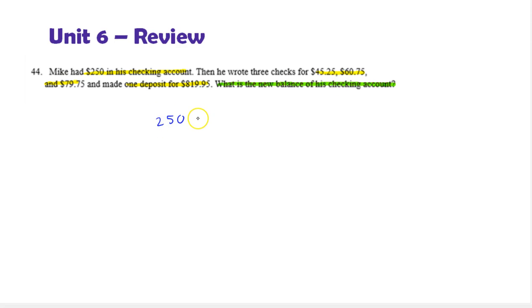When he wrote checks, those are decreased from his account, so we'll subtract those. Minus 79.75. And then he made a deposit. So deposits are added on, increases your balance. So this is the expression we need to evaluate.